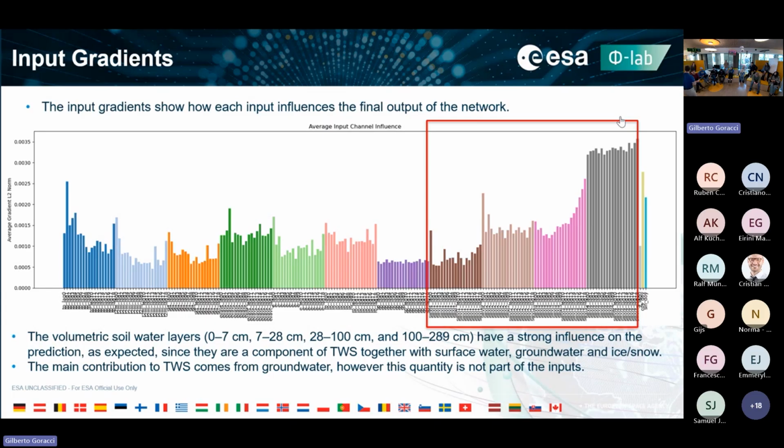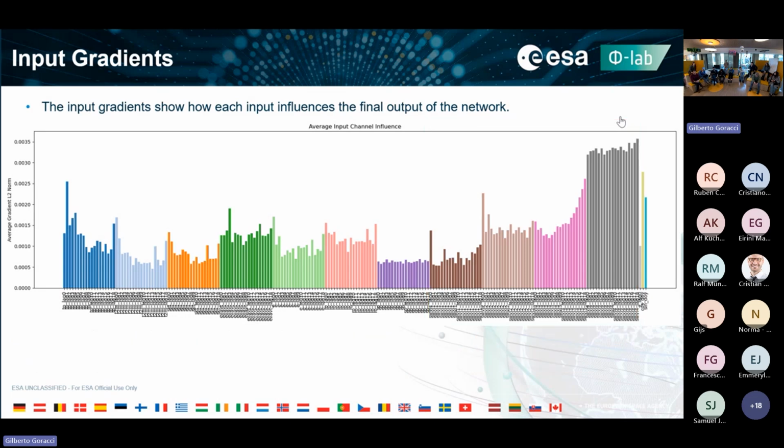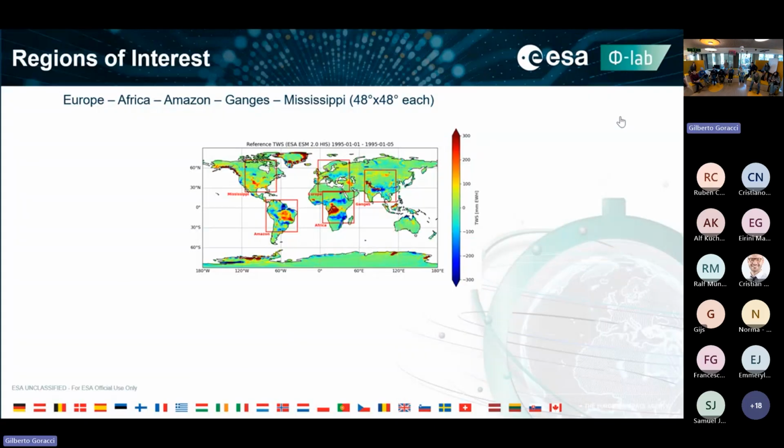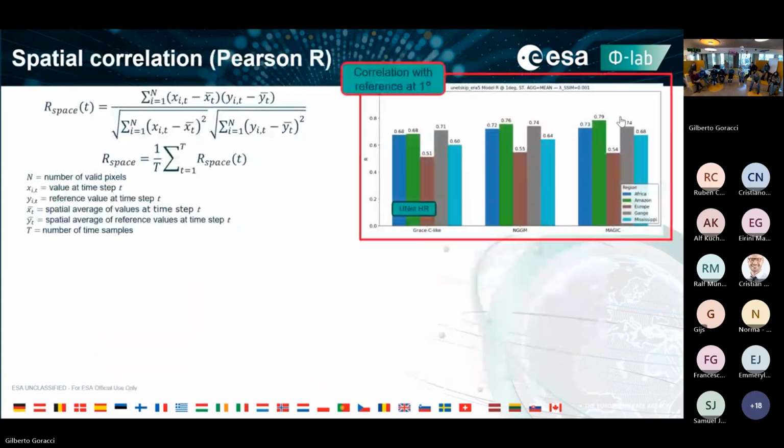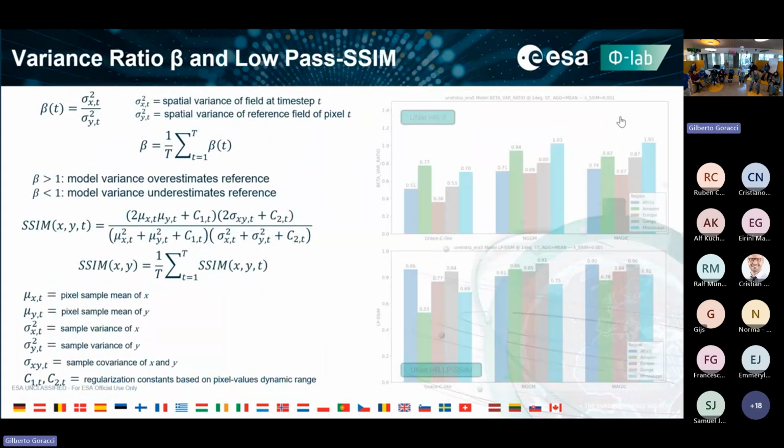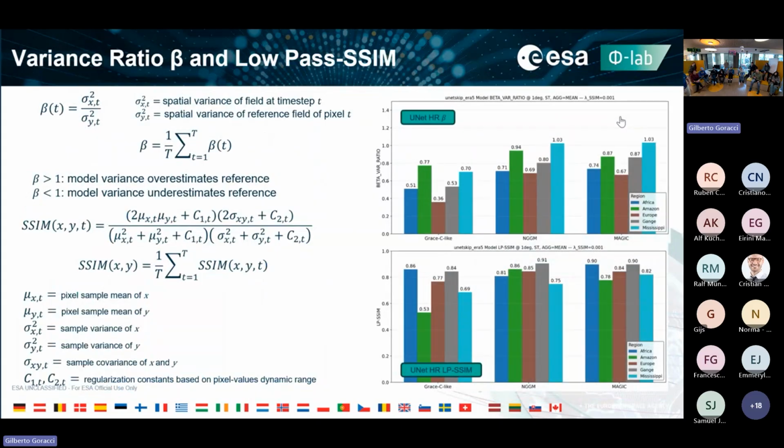I didn't get why you're applying a low pass filter. It was measuring the SSIM. Why are you applying a low pass filter? Let me go back to the slide, because what you want to see here is the overall structural coherence of the image.